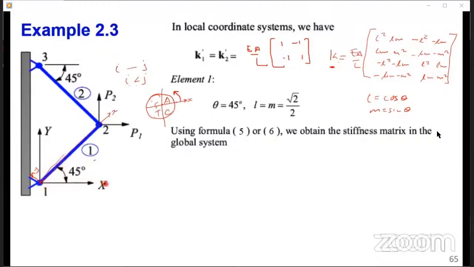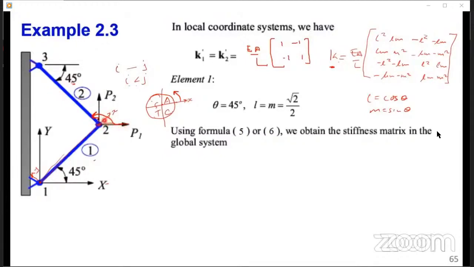Now, from the horizontal x-axis, the angle is 45. Similarly, when you come to element 2, you're given this angle is 45. But for element 2, the node order is 2 to 3. So we read the angle from this one, from the horizontal x-axis. This angle tells us the orientation, because we are reading from 2 to 3, from lower to higher.